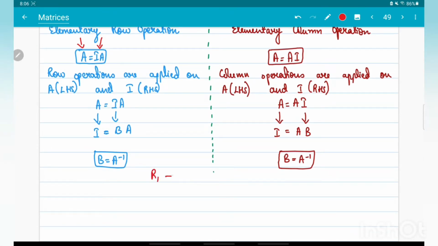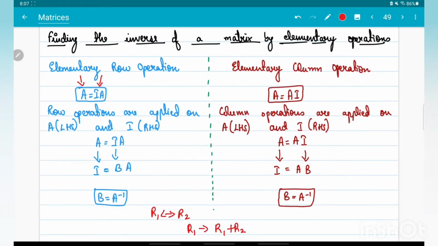Like we can interchange two rows, row 1 and row 2, or we can add a row, like row 1 can be changed to row 1 plus row 2. So these are elementary operations. Whenever we perform an elementary operation, we perform that same operation simultaneously on both the matrix A of LHS and the identity matrix of RHS. You can see the statement over here also.